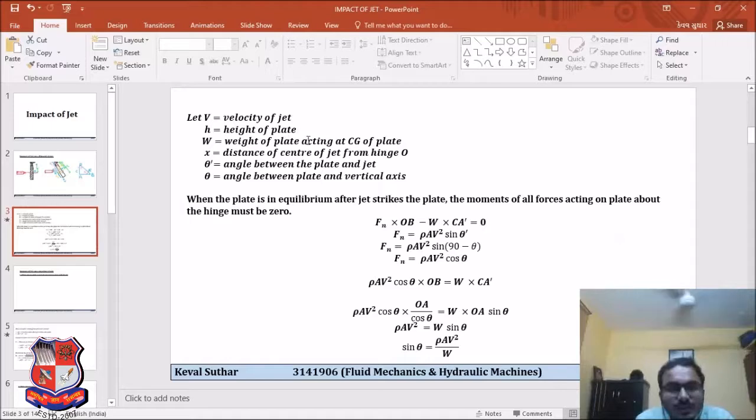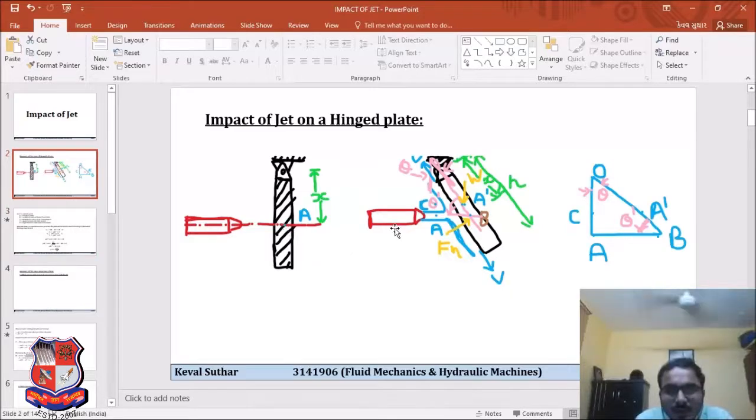Then W is the weight of the plate acting at CG of the plate. That is this point A, which is actually the center of gravity of this plate, and after this rotation the center of gravity has shifted from capital A to capital A prime, and this is the distance x of COG from the hinge point.